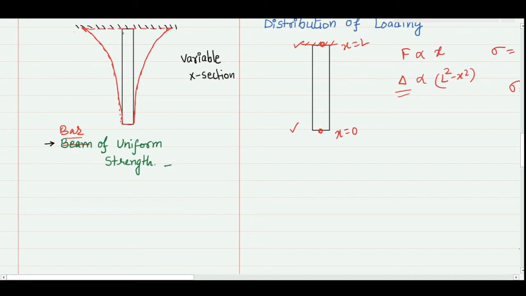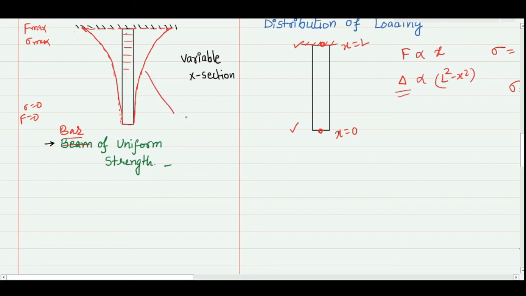So earlier I was having a bar of uniform cross section, but in this bar F was maximum here and 0 here. Similarly, the stress was maximum here and stress was 0 here. But when I derive a formula and consider a cross section which varies from the root to the tip, so that I get constant stress, then this would be the shape of your uniform strength bar.